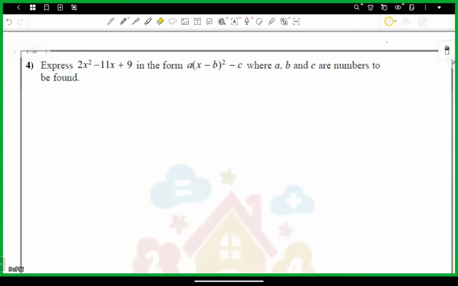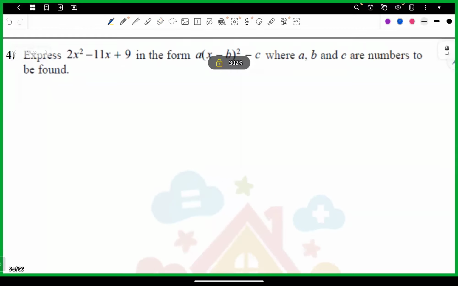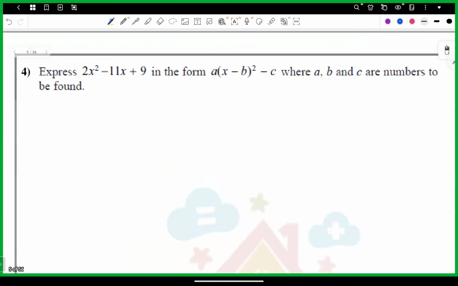So I need to divide by the coefficient of x squared. So 2 will be outside. So I have to divide, find it like this. The highest common factor will be 2, divided by 2, which is 1, and minus 11 over 2. I have to write it and close this bracket and write x and then plus 9.